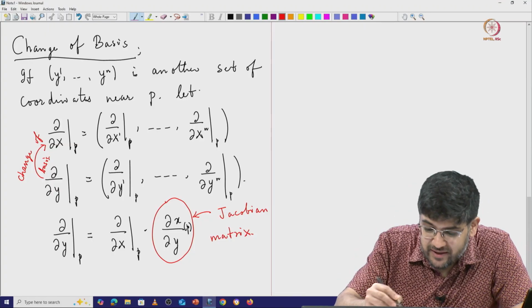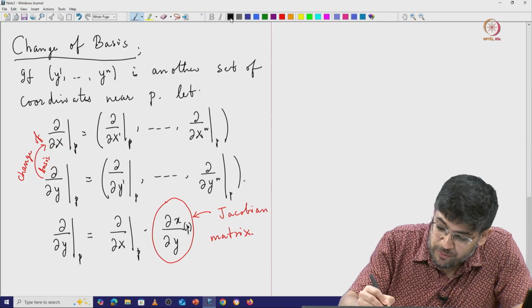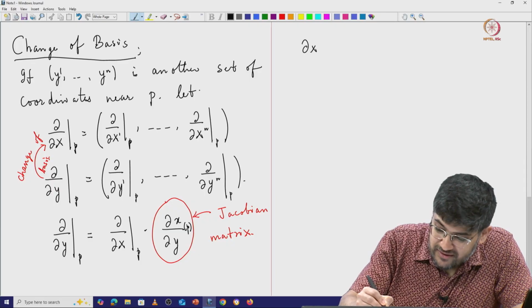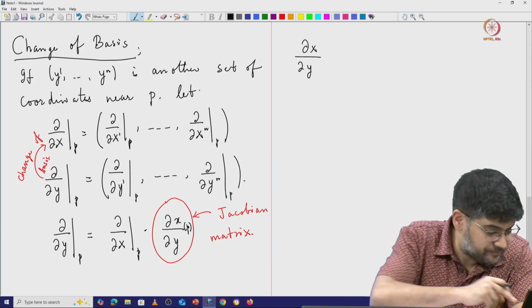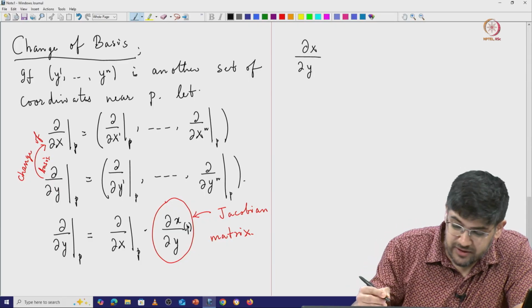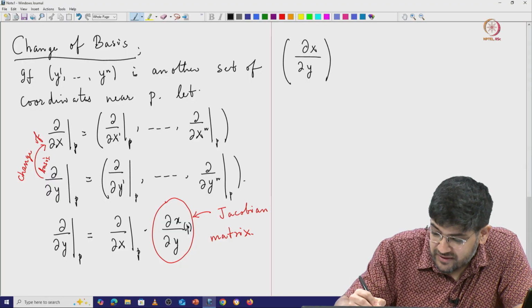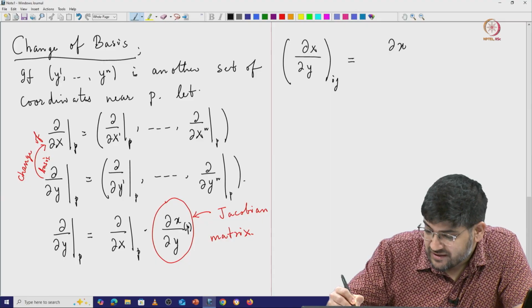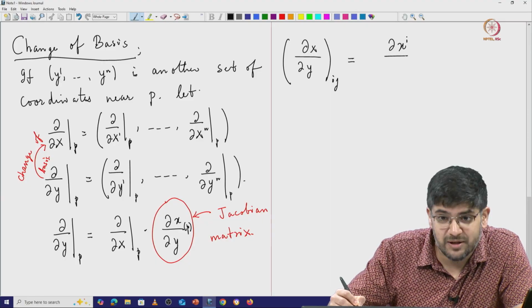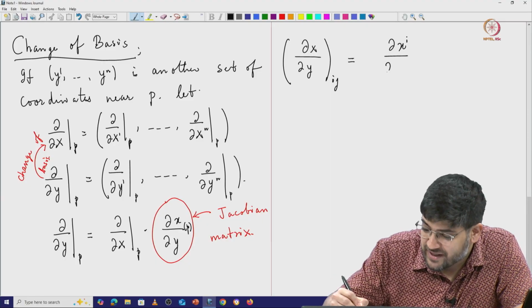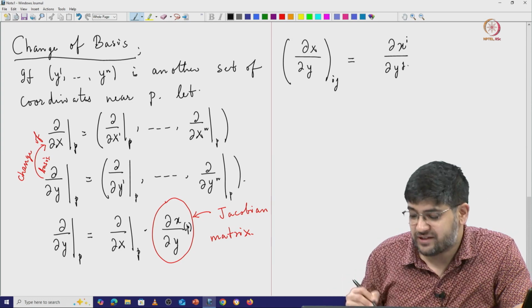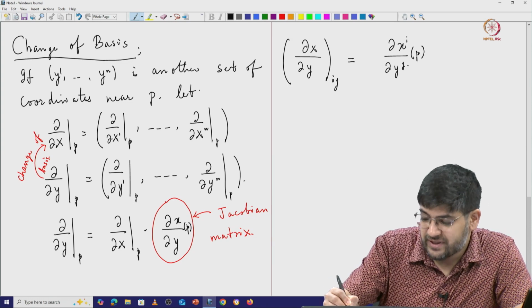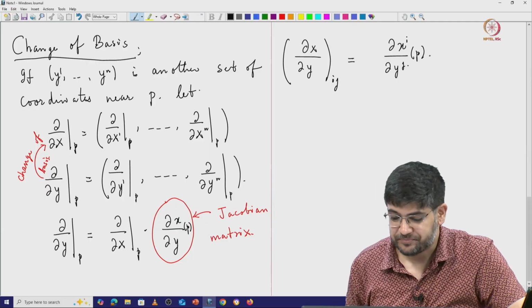Okay, what is the Jacobian matrix? If you look at the ijth component of this matrix, that will be the ith component in the x coordinate system, the derivative with respect to the jth component in the y coordinate system.